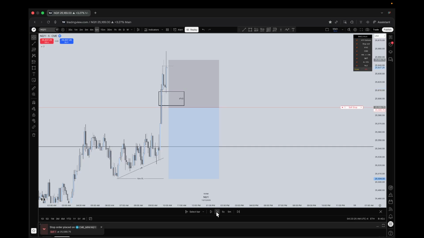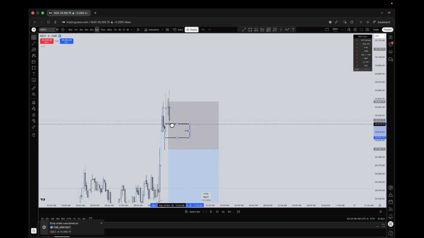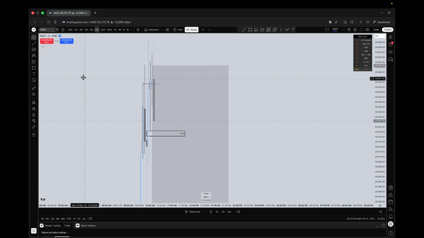You know what, let's just try to make a new setup. We'll use this IFVG instead, this 5-minute IFVG, coupled with CISD, because at least this way I get my entry criteria.